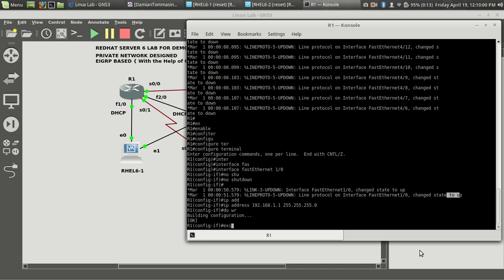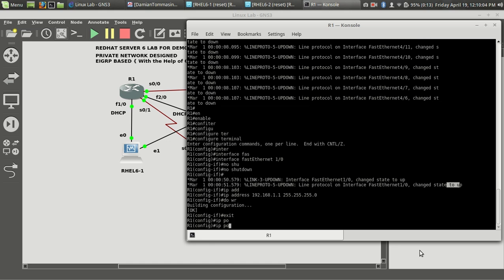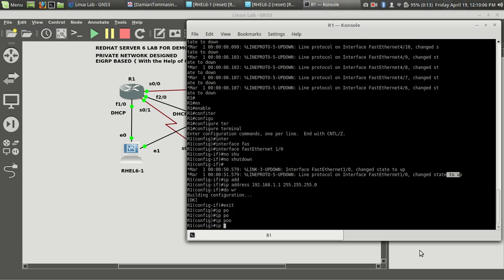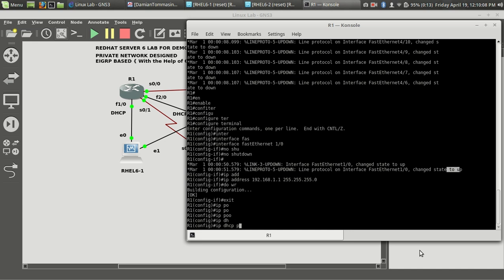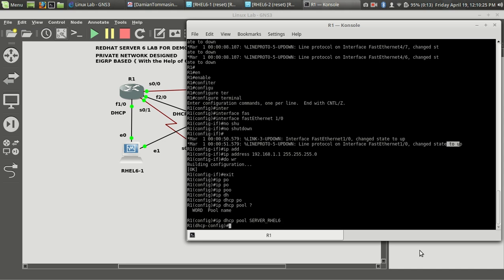With the same scenario, I am configuring an IP pool. I should give the pool a name, so I would like to name it Red Hat 6 server.